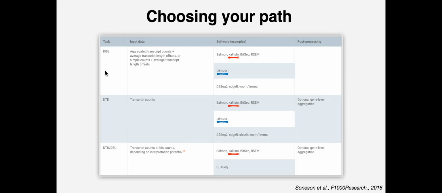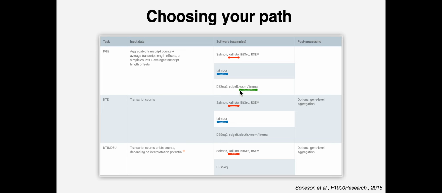I want to point out that in all three cases, Kallisto and the other pseudo-alignment tool, Salmon, are appropriate read mappers for all three of these approaches. And what's being proposed in Soneson is that the tximport package, which we use to read our Kallisto data into R, is the appropriate way to then move that pseudo-alignment data into the R environment.